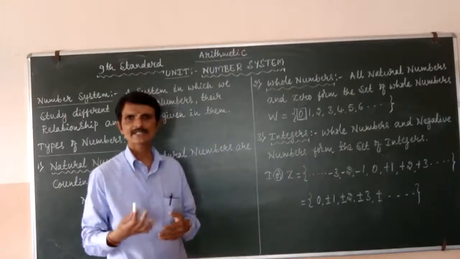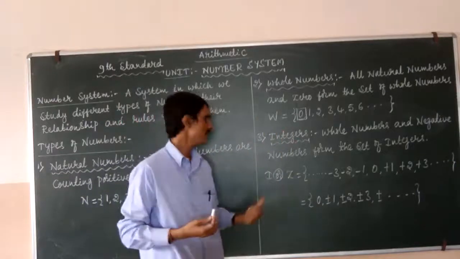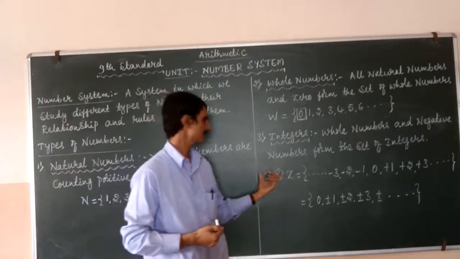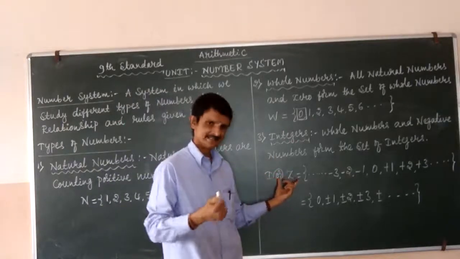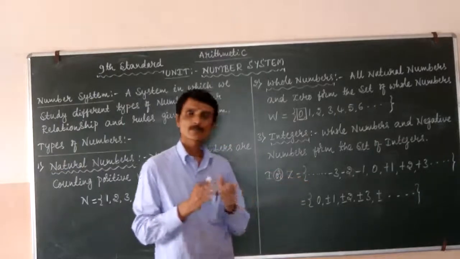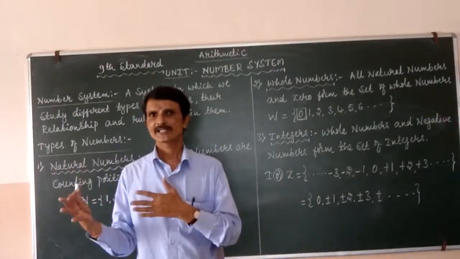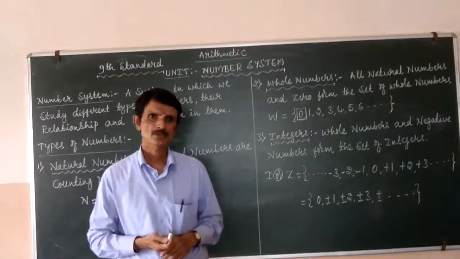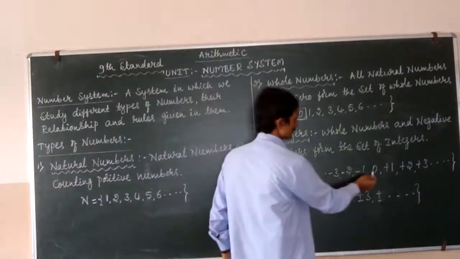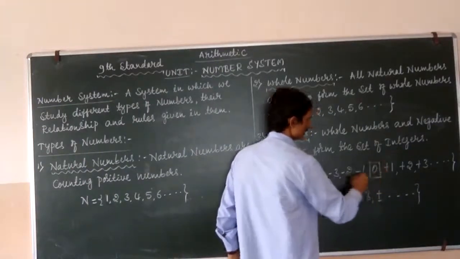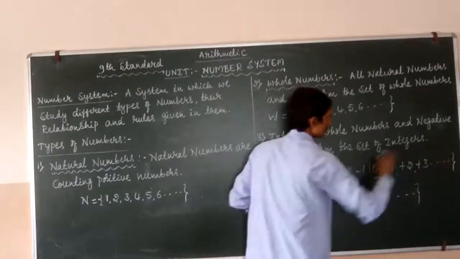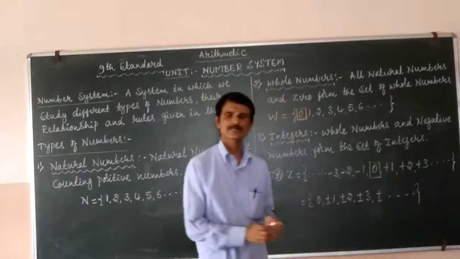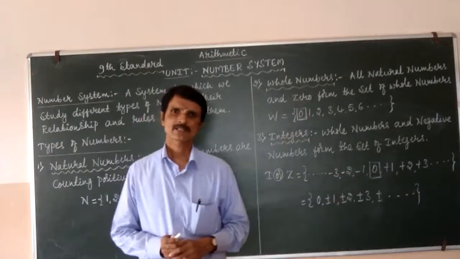The set of integers is represented by I or Z. It includes both positive and negative numbers along with 0. If you observe this set, from 0 the numbers on the right side are positive numbers and the numbers on the left side are negative numbers.